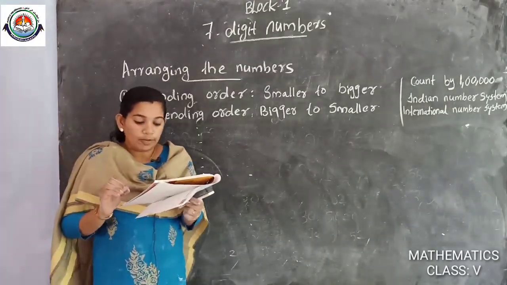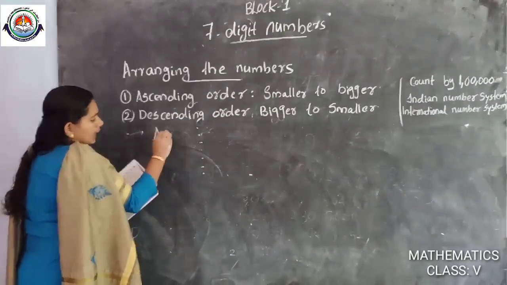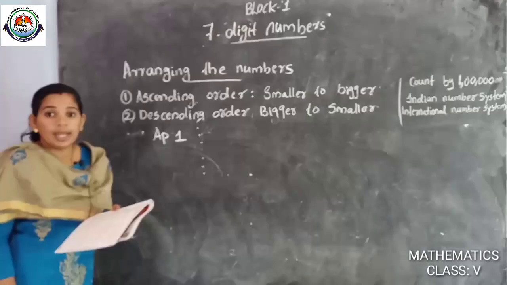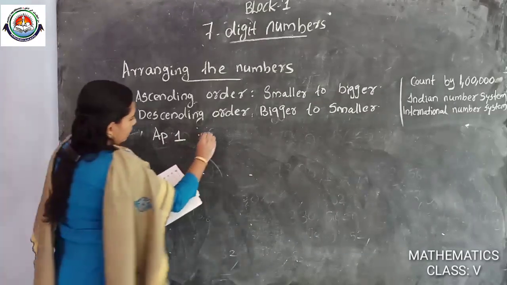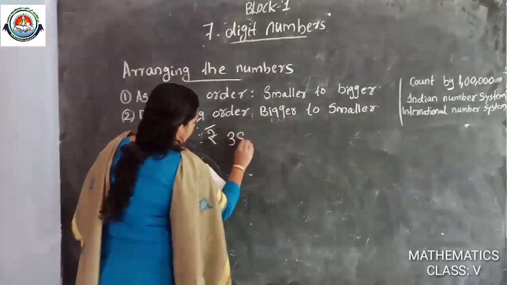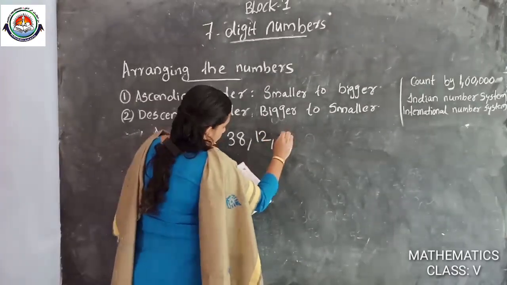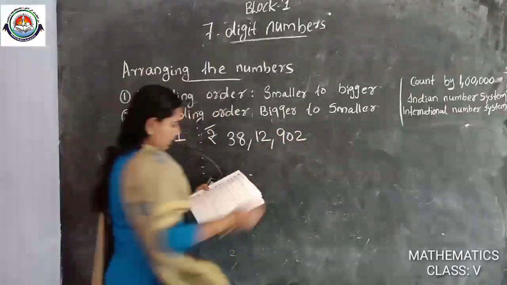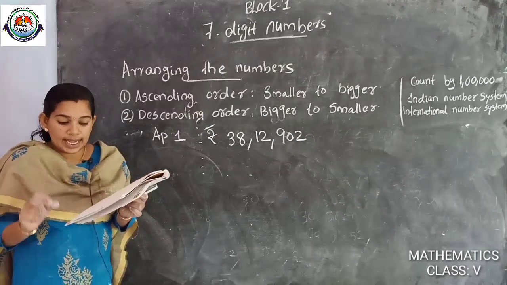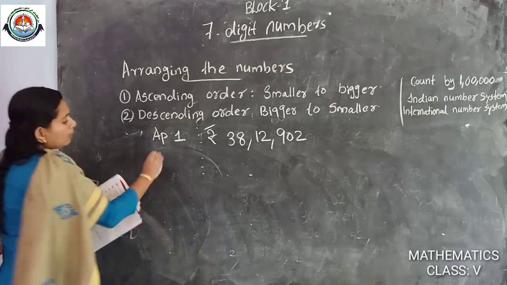The cost of apartment 1, I wrote the short form AP1 here, is rupees 38 lakh 12,902. The cost of apartment 1 is 38 lakh 12,902.